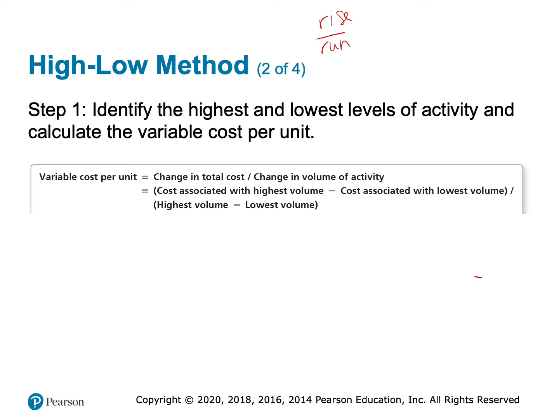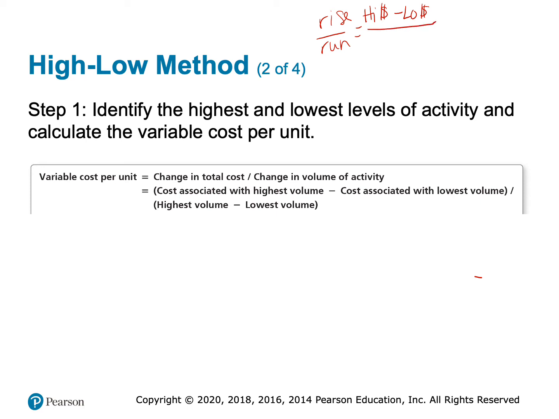And if you think about it for a minute and you think about our graph, remember the rise, the y-axis, is always dollar amounts. So the rise portion of this is going to be your high dollar amount minus your low dollar amount. This is the change between your highest cost and your lowest cost. That's the change on the y-axis.